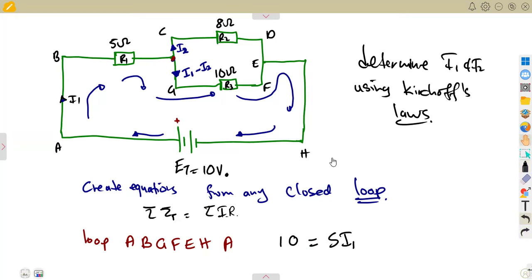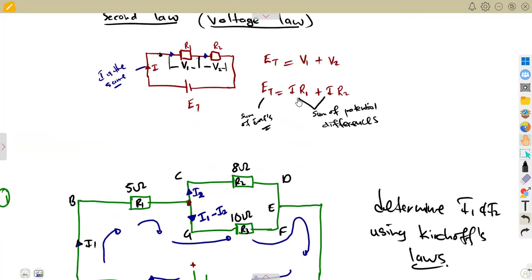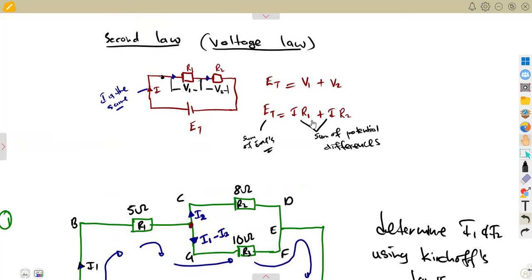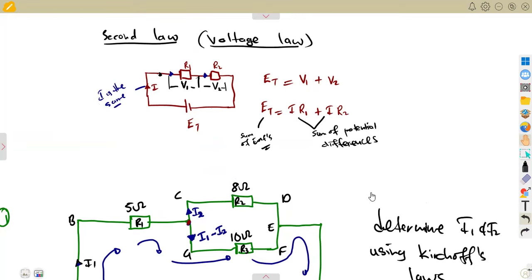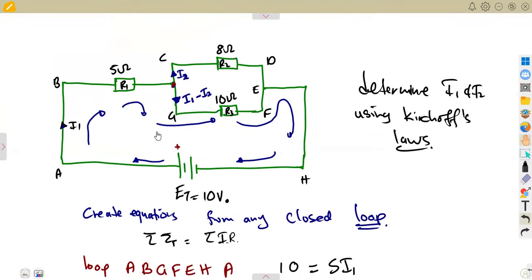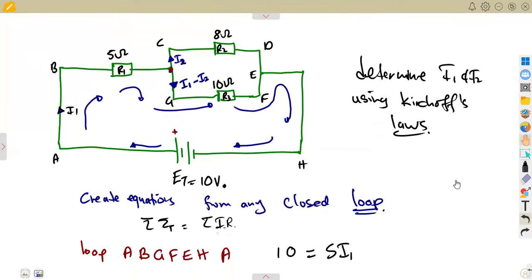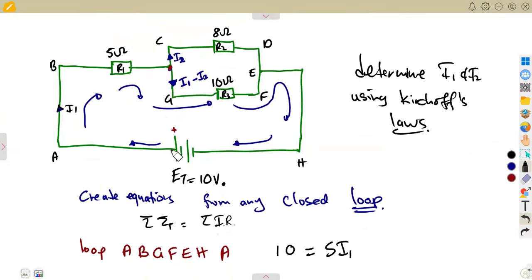Remember your theorem, your law, the sum of the potential drops. So it's a potential drop that we are having there. We are maintaining the current is flowing in the positive way. The arrow is maintaining as it is. Then we move on from this point of our diagram.